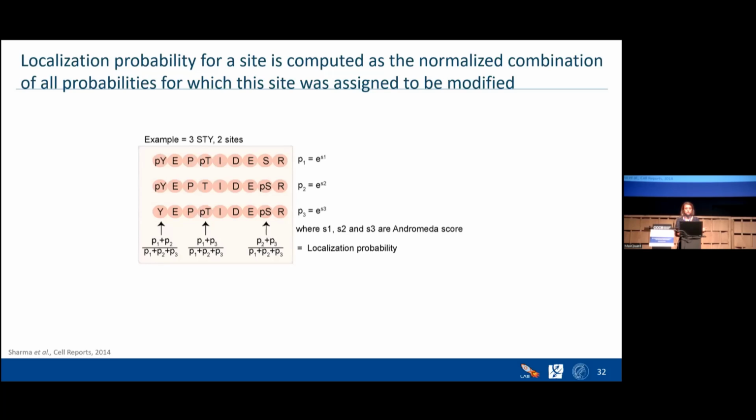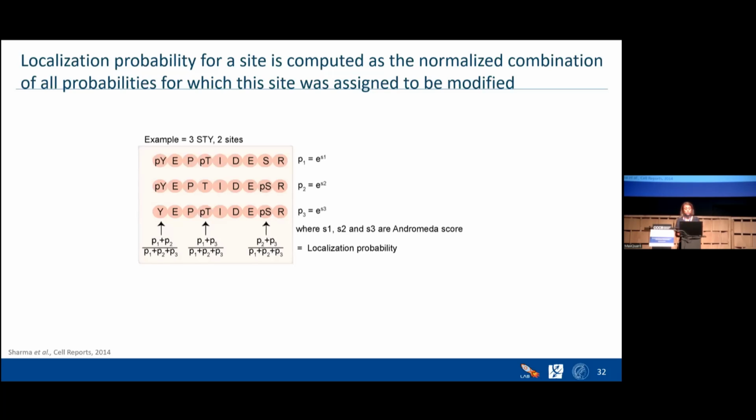Because phosphorylation can happen on serine, tyrosine, and threonine, we make the combinations. In my first possibility, the first element can be phosphorylated and the 4th element can be phosphorylated. And let's do the Andromeda scoring.